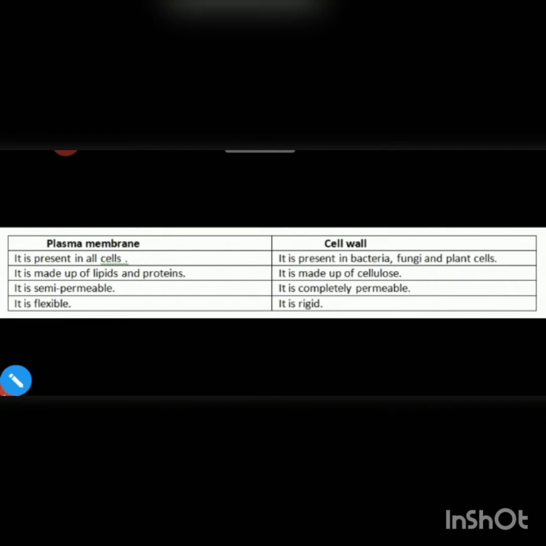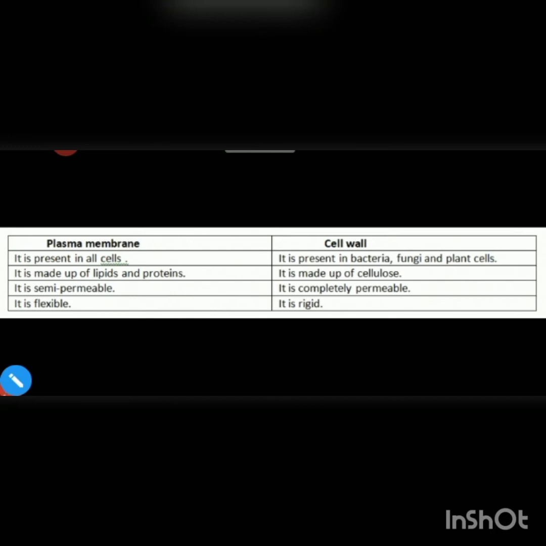The cell wall is present only in bacteria, fungi and plant cells. The plasma membrane, as we studied in the last class, is made of lipids and proteins. The cell wall is made up of cellulose. Cellulose is a complex substance, and it provides strength to the plants.